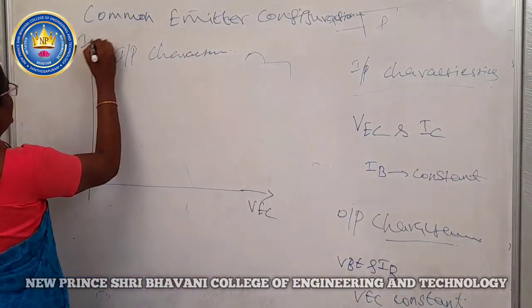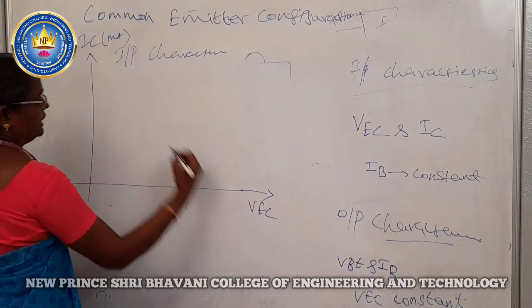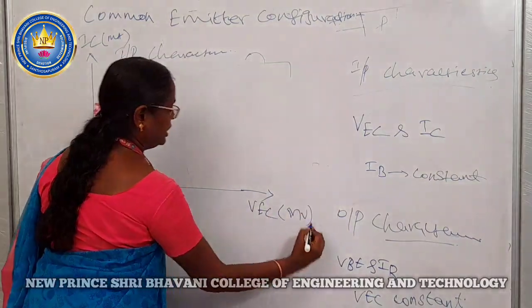VCE versus IC. IC is in milliampere and VCE is in volts.